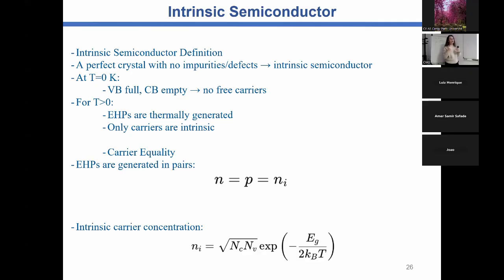If we don't have free charge, we don't have movement. In silicon, the electron-hole pairs are thermally generated, and they are just intrinsic. If there is no perturbation, they cannot have any movement.